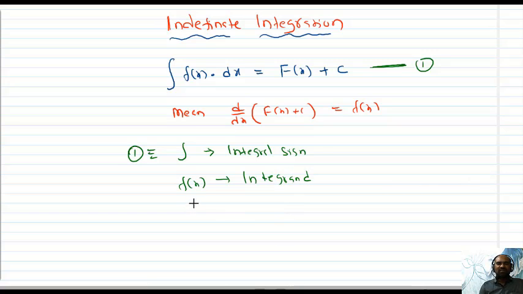Okay, what is dx? dx generally stands for with respect to which variable we are differentiating, or with respect to which variable we are integrating. dx stands for with respect to, WRT, which variable we are integrating.